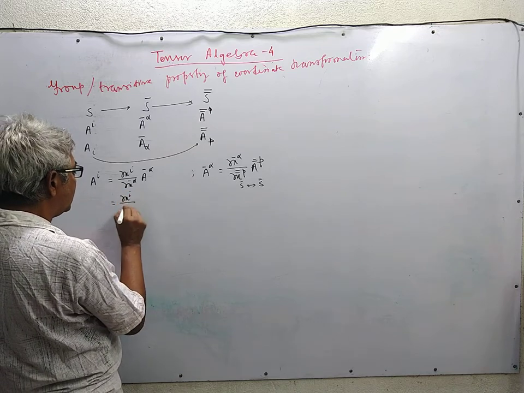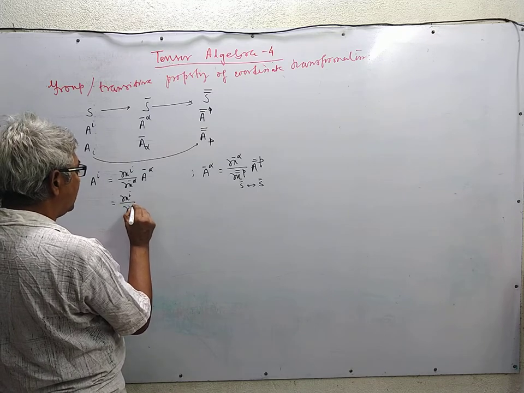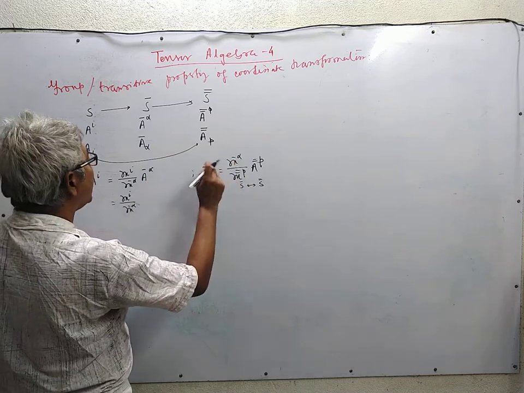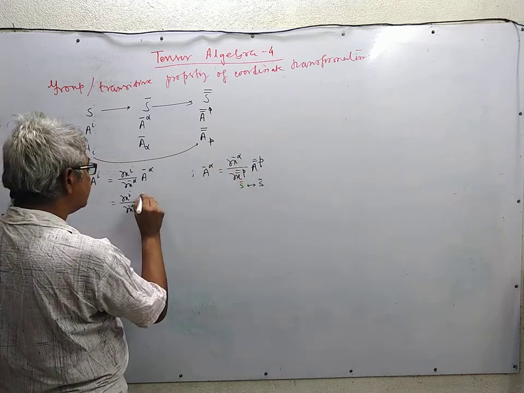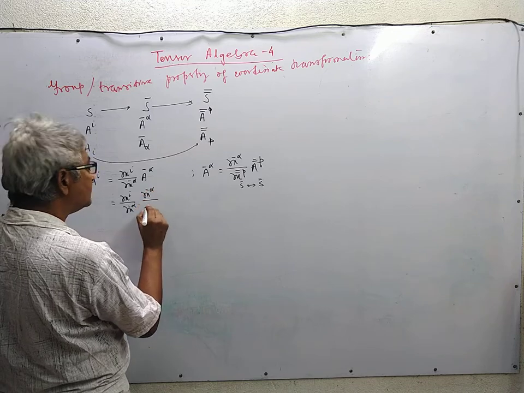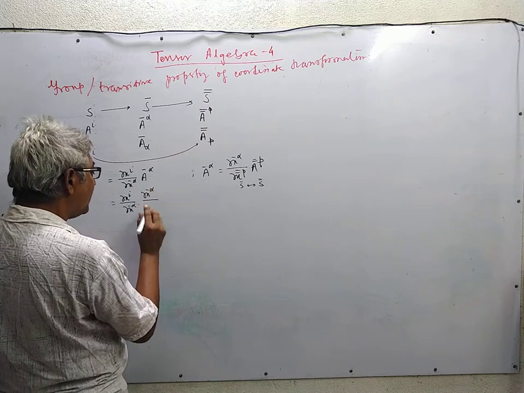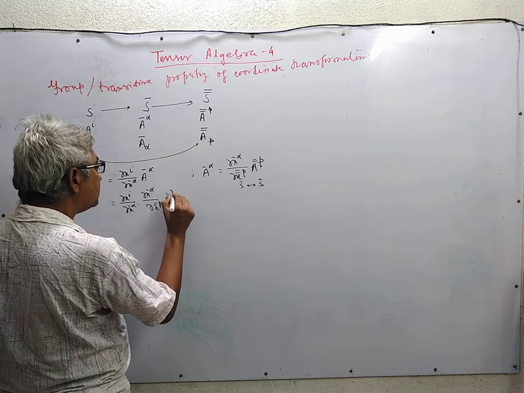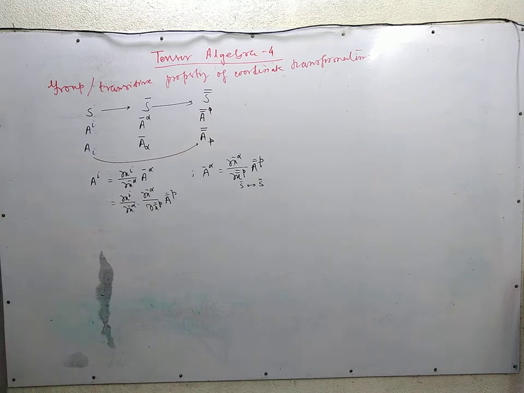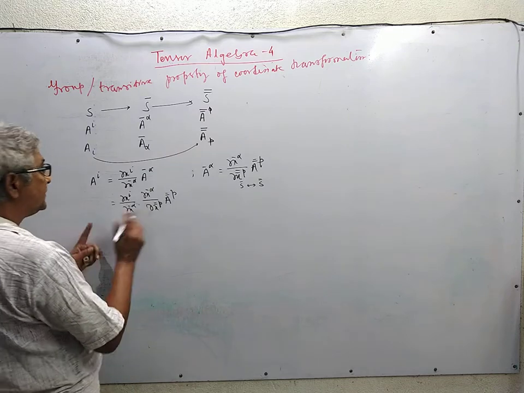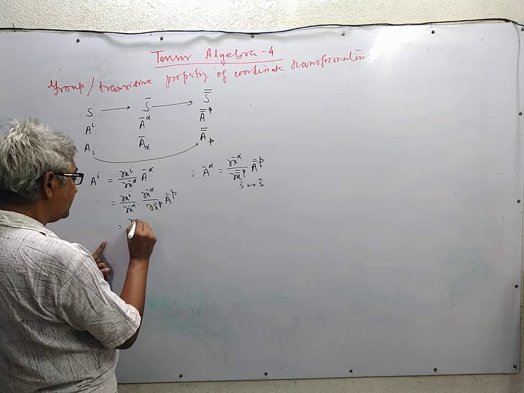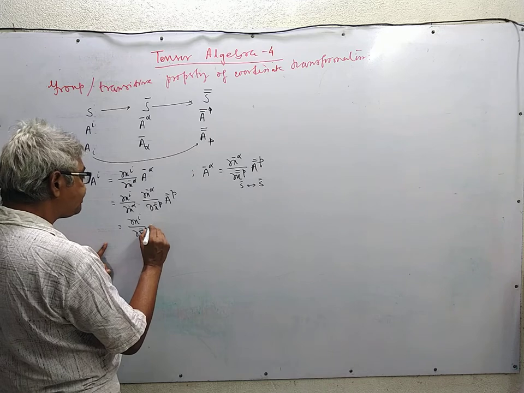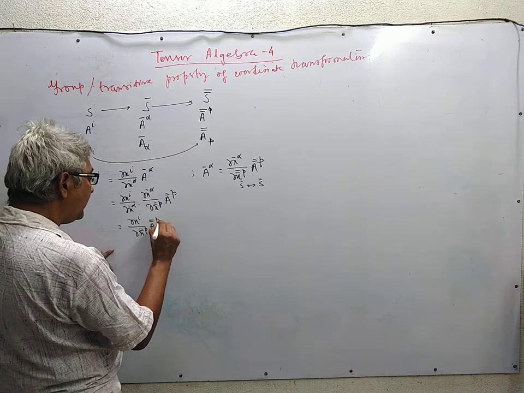Del x i del x bar alpha, and for A bar alpha we write this part, del x bar alpha del x double bar p A double bar p. If we use the law of partial derivatives, this is simply del x i del x double bar p A double bar p.